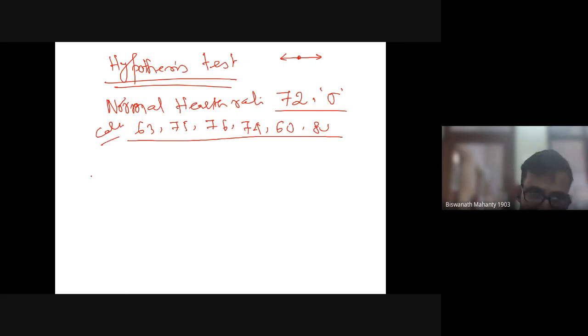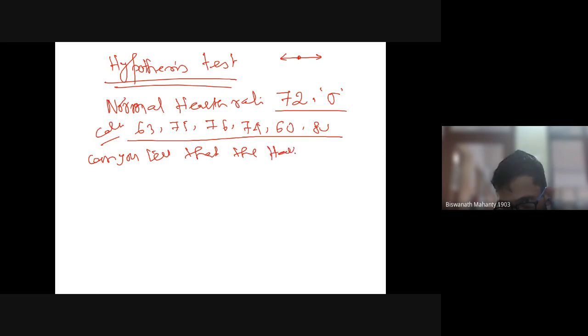Then if someone asks you, from this, can you tell that the heartbeat is less than 72 at 90% level?